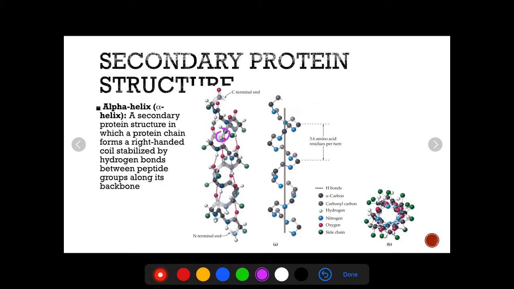The hydrogen from that nitrogen is bonding with the oxygen in that carbonyl group. Same thing down here: here's the oxygen in the carbonyl group, and there's the hydrogen that's attached to the nitrogen. They're in different turns, and that's what holds it together in that coiled shape.